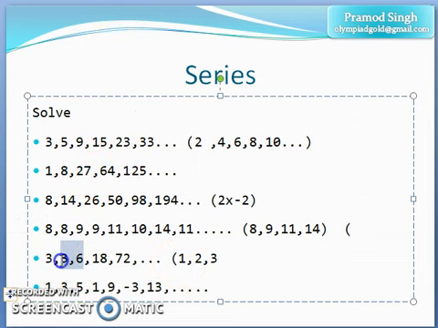In between the next two is 2. 3 multiplied by 2 is 6, and 6 multiplied by 3 is 18, and then 18 multiplied by 4 is 72. So what could be the next one? 5. So 72 multiplied by 5 will be 360. That's the next number.